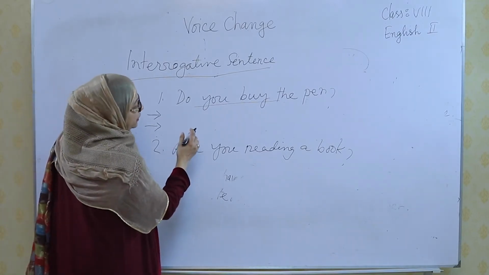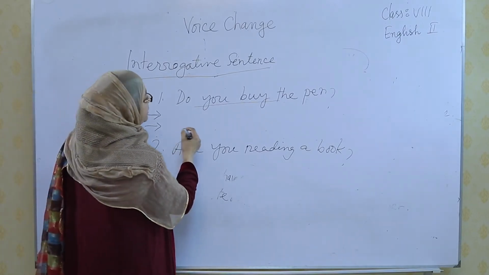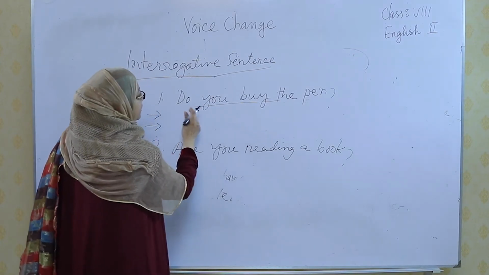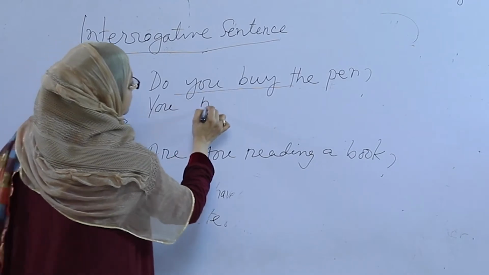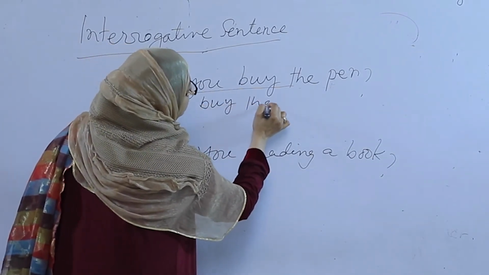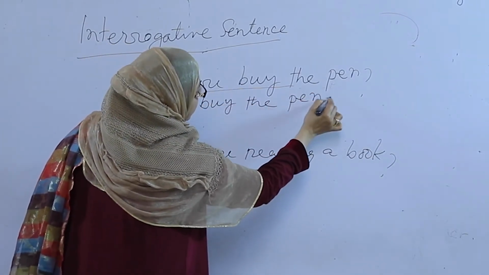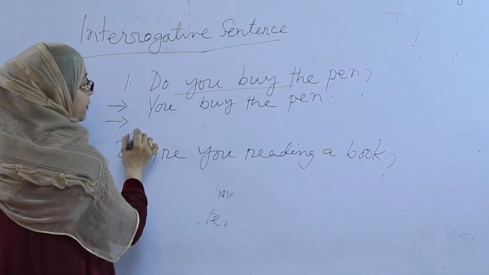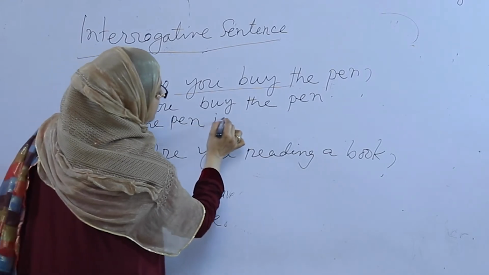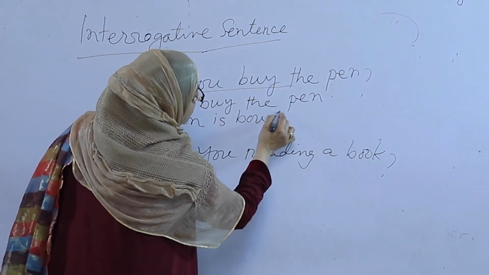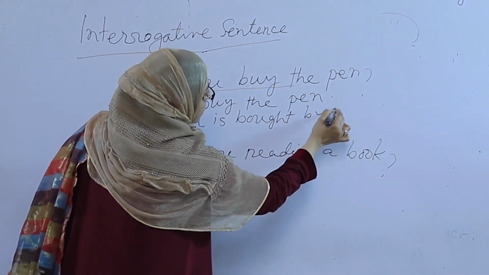So, I change it into an assertive sentence. Do you buy the pen? You buy the pen. And I turn it into passive: the pen is bought by you.